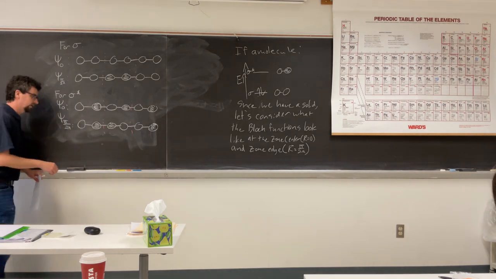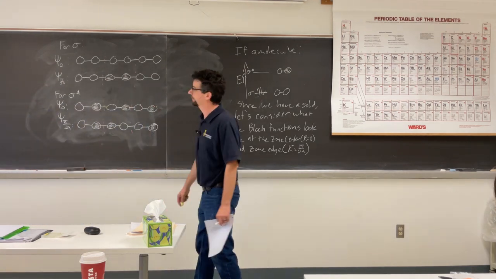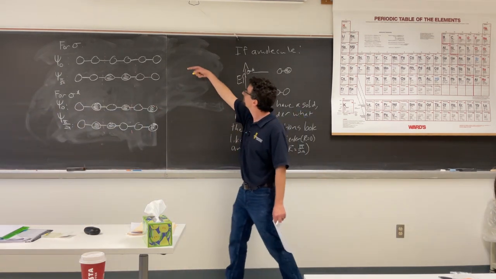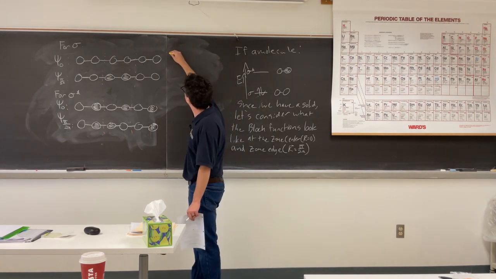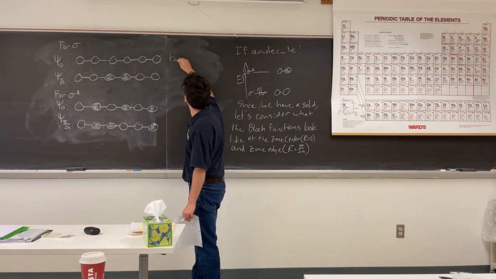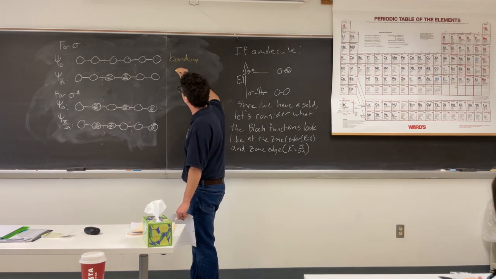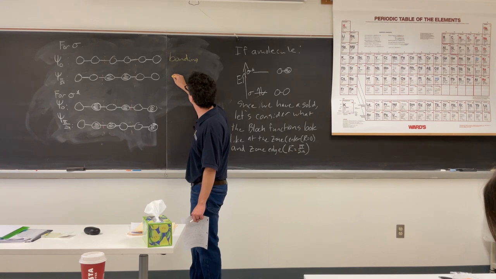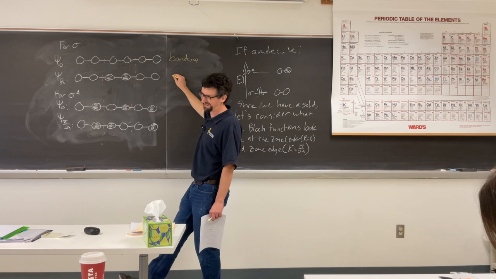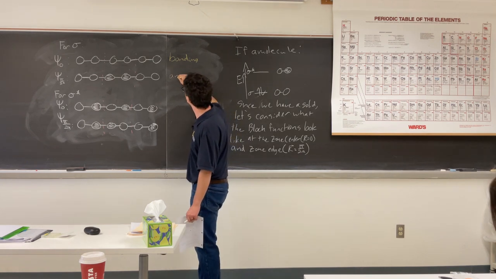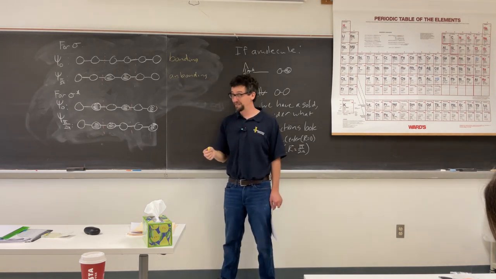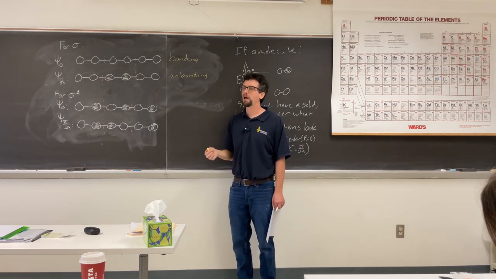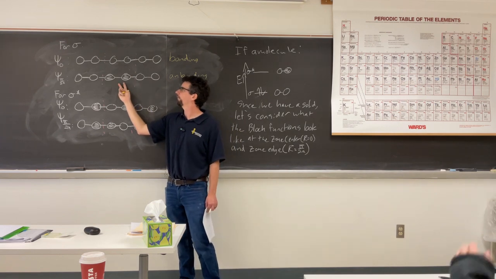So now what we're going to do is write out what type of character these things have. Top set of crystal orbitals. Bonding, anti-bonding. This one? Are you asking within the unit cell or between the unit cells? This one's anti. Between the unit cells. But what about here?